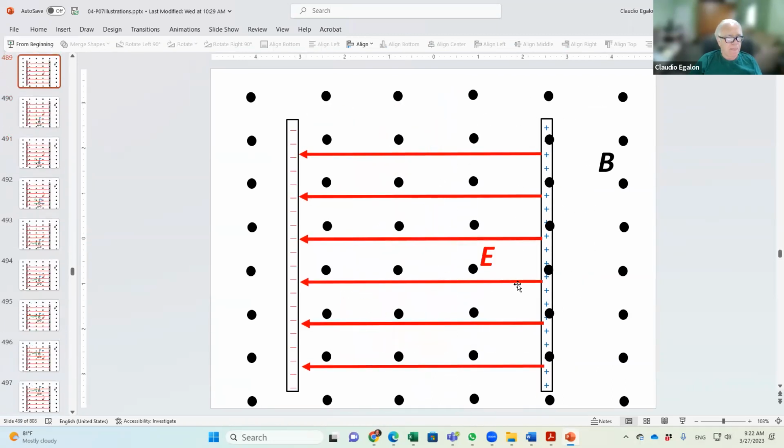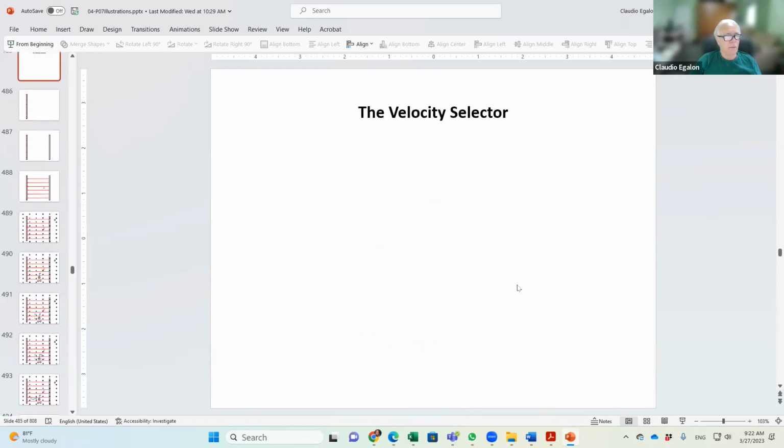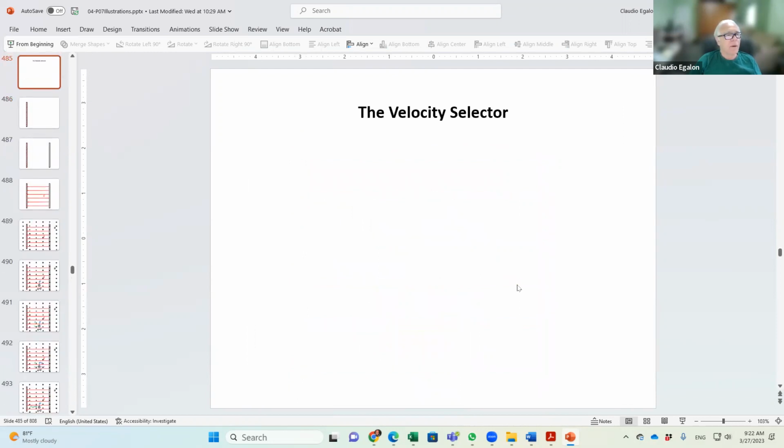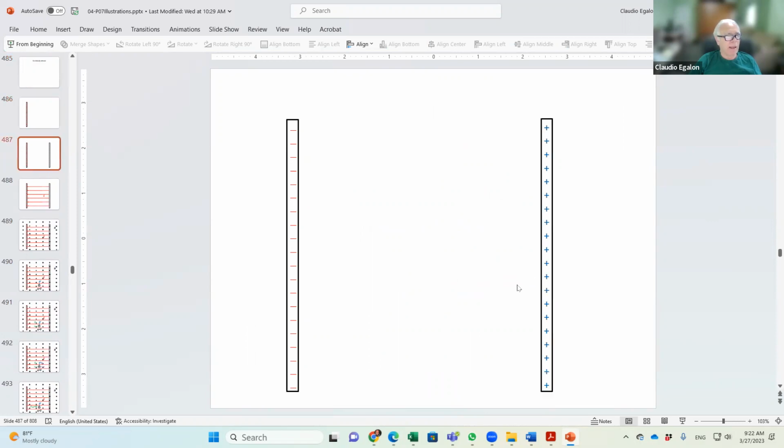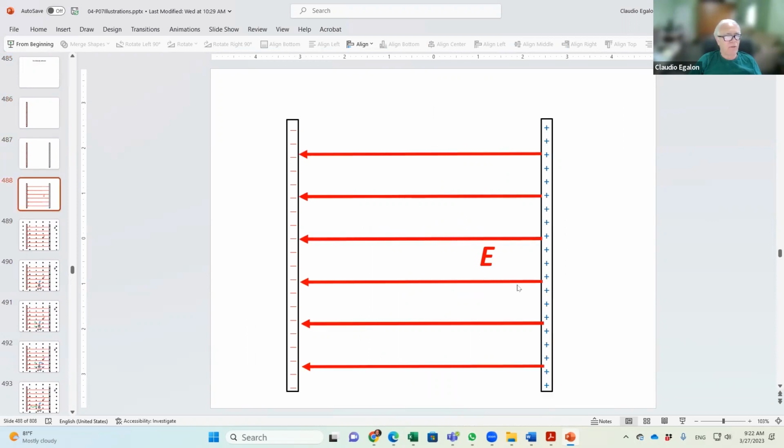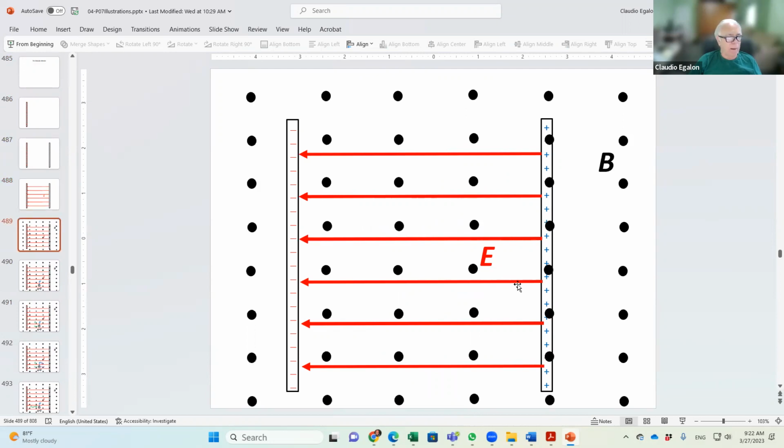Here you go. I started this one, the velocity selector. Negative plate, positive plate, electric field from the right to the left. If we combine an electric field with a magnetic field, something interesting happens for the motion of a charged particle. Of course, they must have some specific values for the electric field. So I put an electric charge right here in this volume.